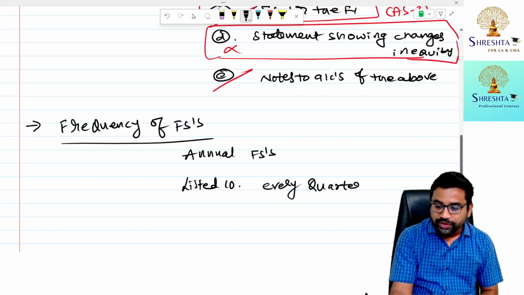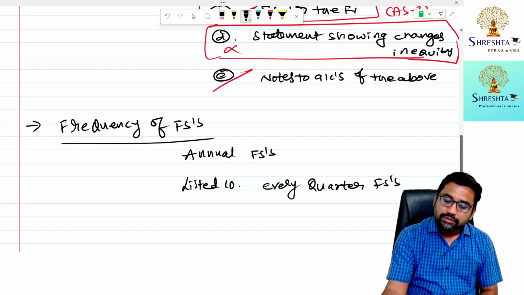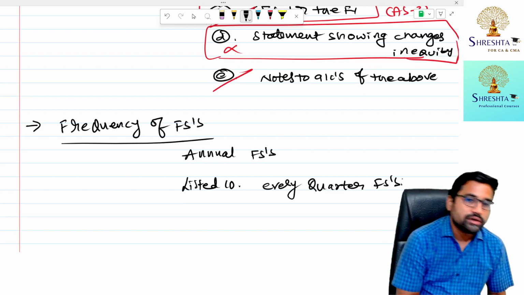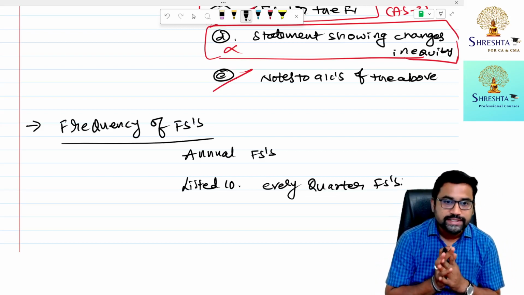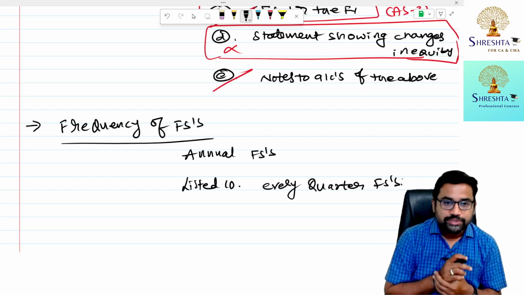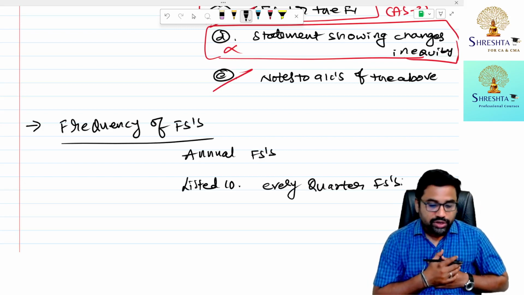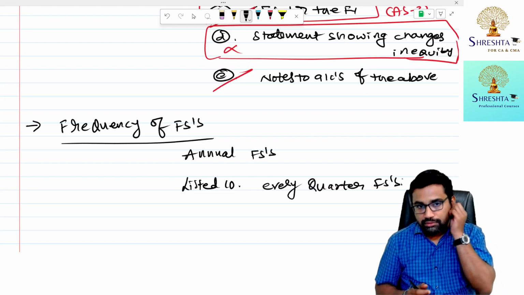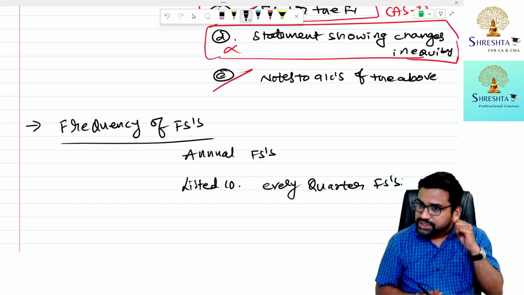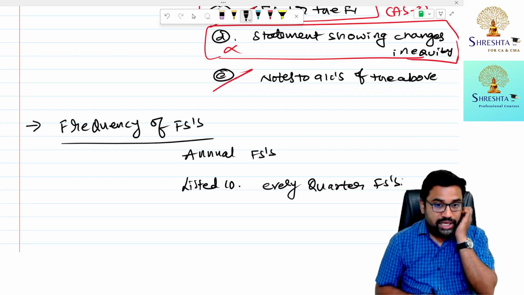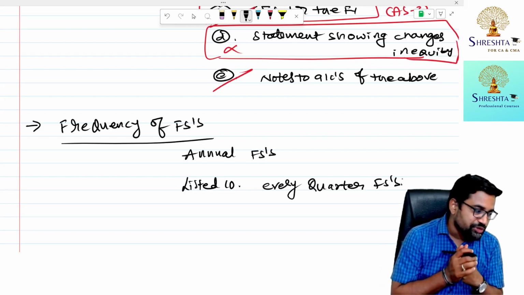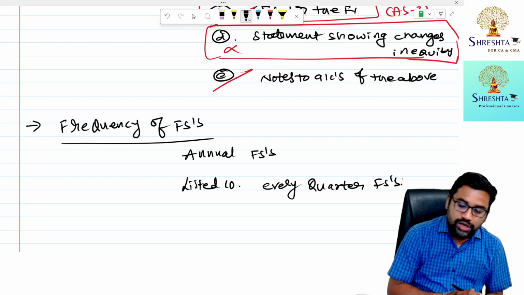Maybe if they are required as per the listing agreement, as per the SEBI guidelines, they have to prepare financial statements every quarter also. So frequency of financial statements: generally every year, and sometimes if you are a listed company, on a quarterly basis also.